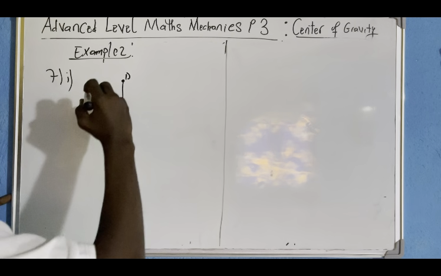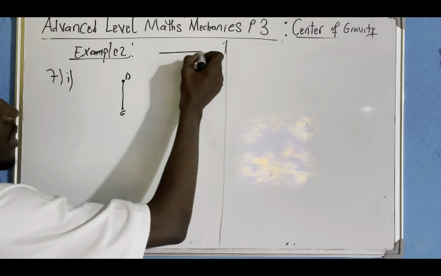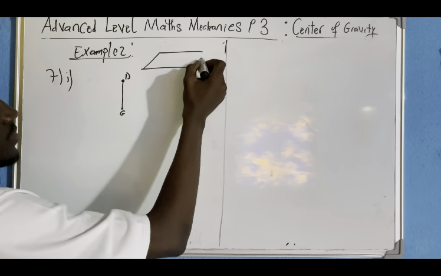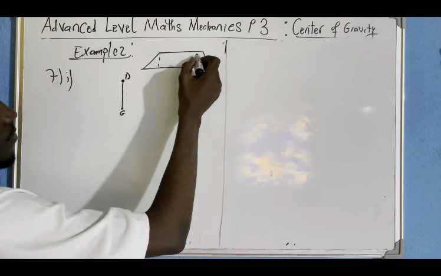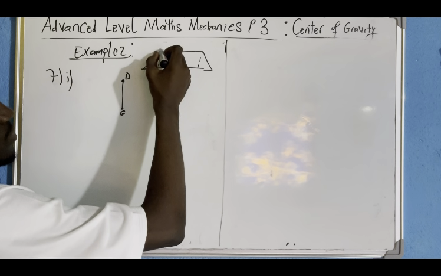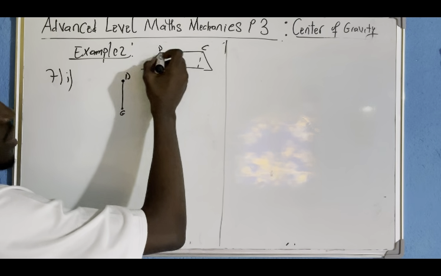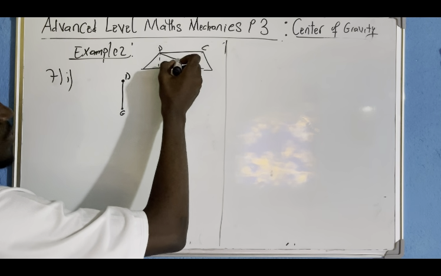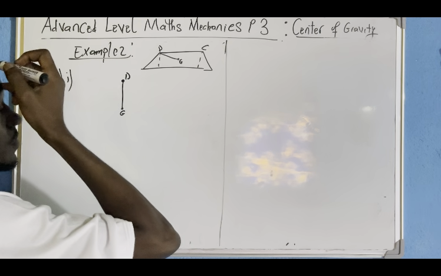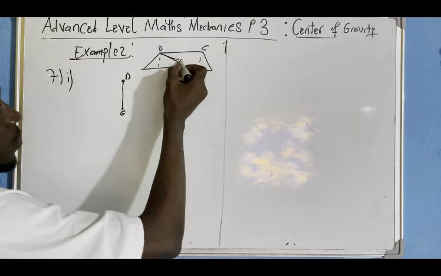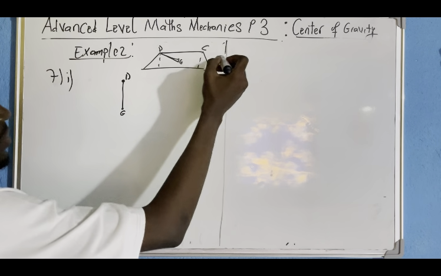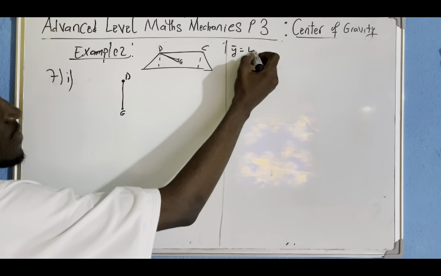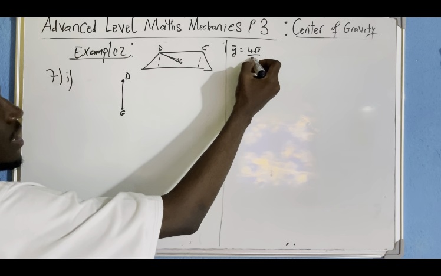Remember that our lamina was something like that, so we don't know exactly where the center of mass was. Let's say I estimate that the center of mass was somewhere here of the height, because remember that y bar was 4 root 3 all over 9.